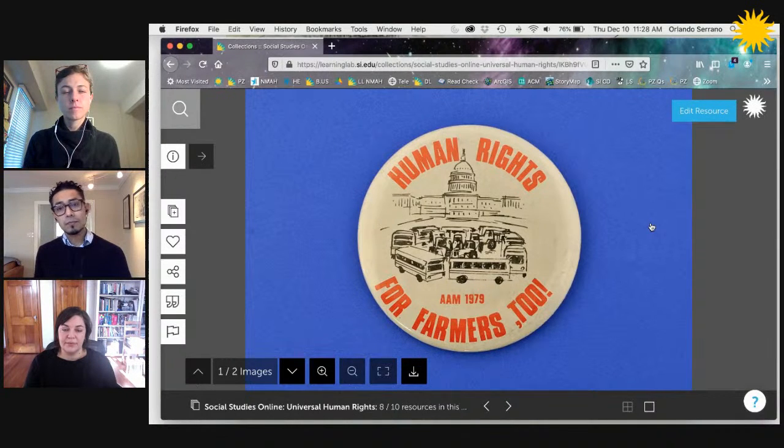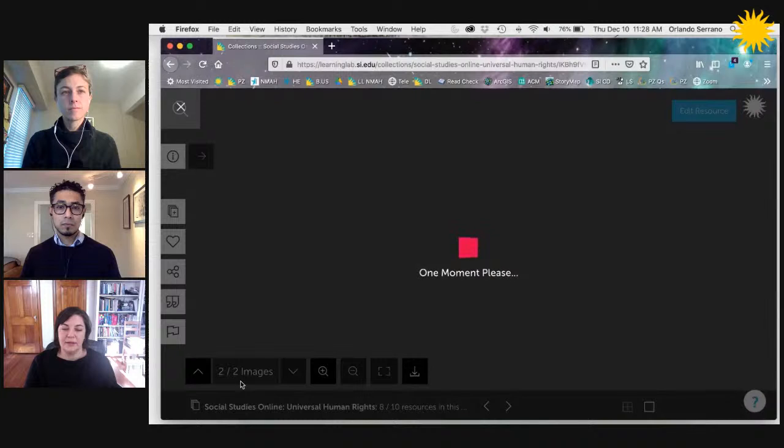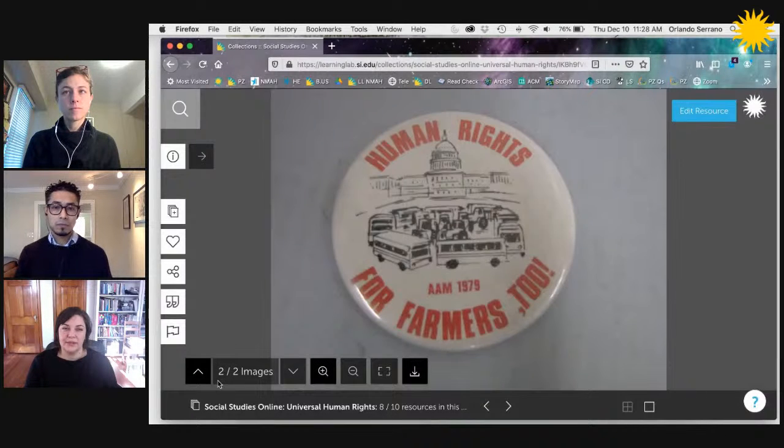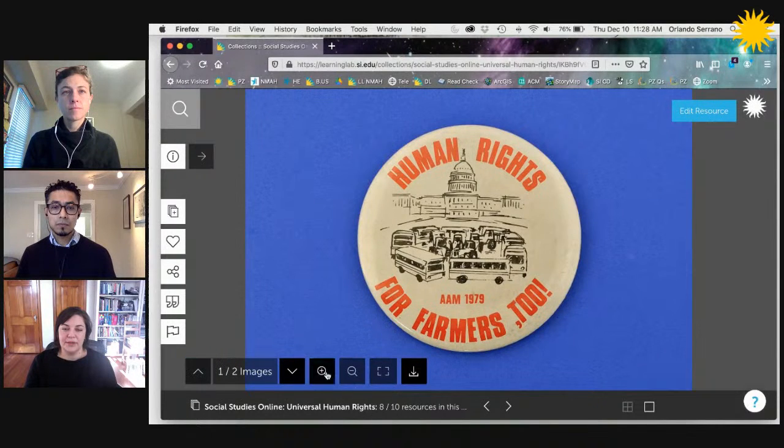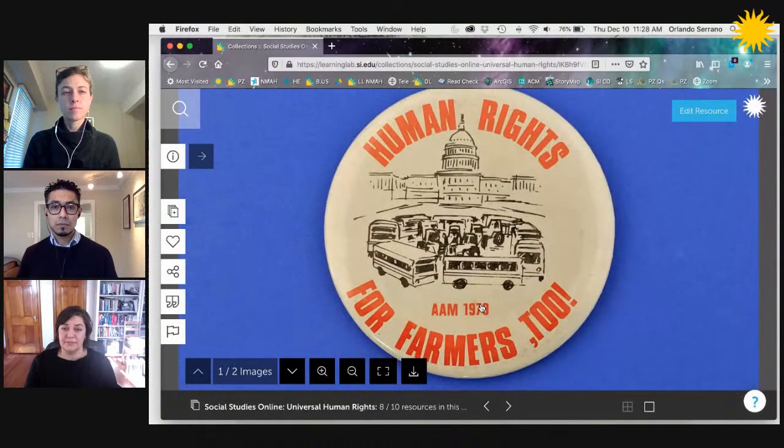So this pin was from a very particular political movement, as you can see, from 1979, where there was legislation on the table to change the way in which food was distributed, regulated, the value of the food, and it was, I believe, rendering a lot of the products of farming to be less than the cost of production.